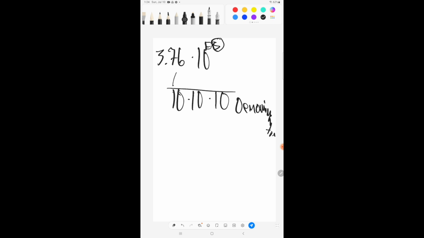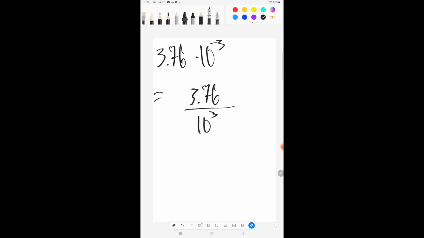And then up here we have the numerator, and what's going in the numerator is this 3.76. Okay. So 3.76 times 10 to the negative third is equal to 3.76 divided by 10 to the third. Okay? And this also equals 3.76 divided by 10 times 10 times 10.